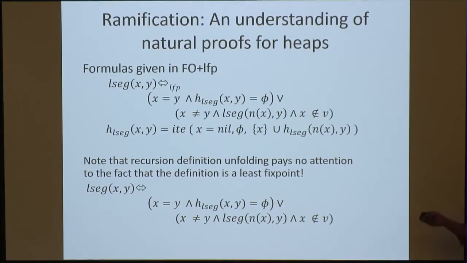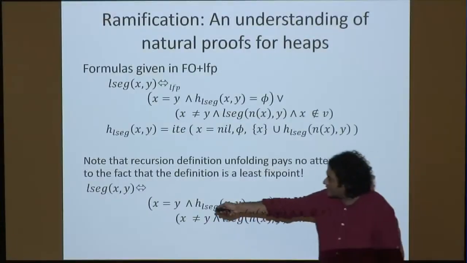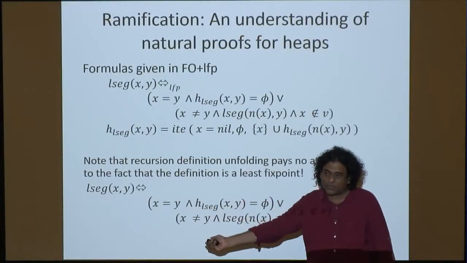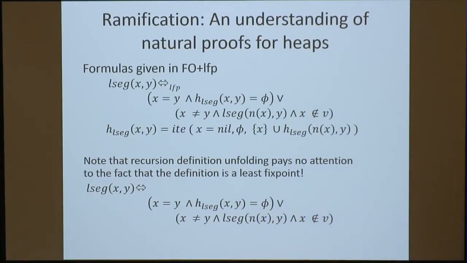Now, what you notice is that if I gave you something with the least fixed point definition and you just did unfolding on it, then you do not distinguish, you're not capturing the least fixed point semantics at all. If all that you're going to do with your recursive definition is to unfold it, then what you're really treating it as is an if and only if operator. The fact that it's a least fixed point is lost, because you never said anywhere that you're going to use it that way.